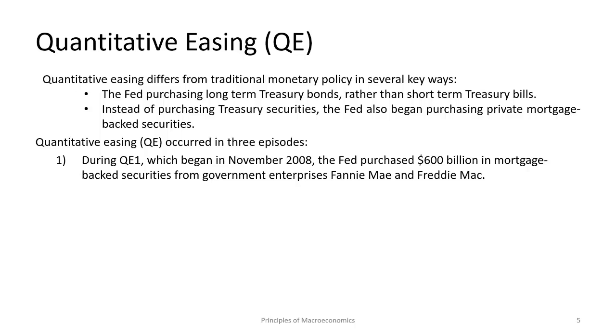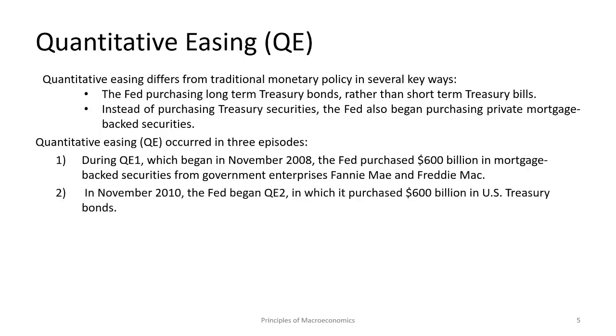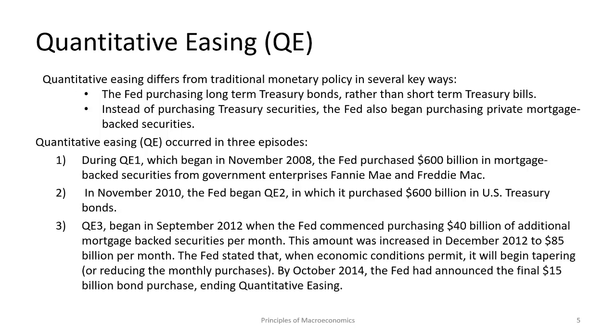As a result, to bring liquidity into these companies, the Fed bought 600 billion of mortgage-backed securities from these enterprises. Then we have QE2, which was offered in November 2010, in which the Fed purchased 600 billion in US Treasury bonds. These are the long-term Treasury bonds that they bought.